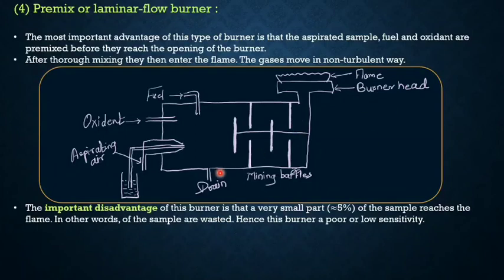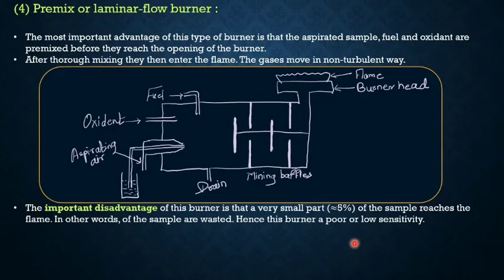The important disadvantage of this burner is that a very small part, nearly only 5% of the sample, reaches the flame. In other words, the sample is wasted. Hence, this burner has poor or low sensitivity. Only 5% of the sample reaches the flame, so most of the sample gets wasted.